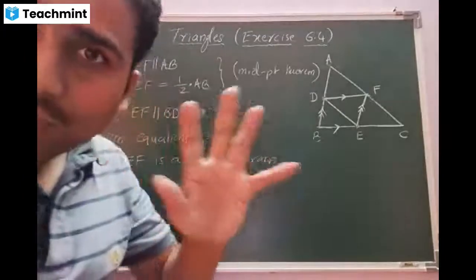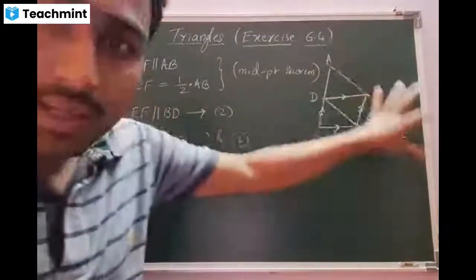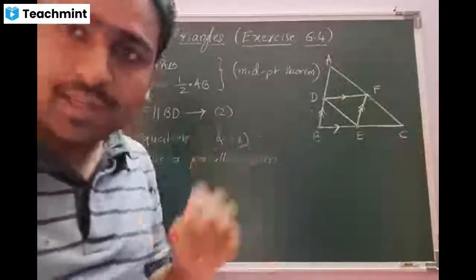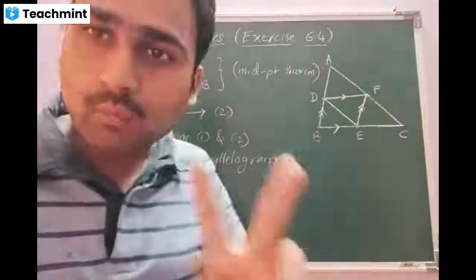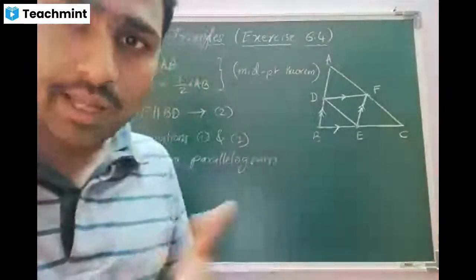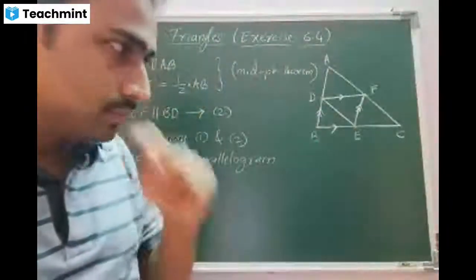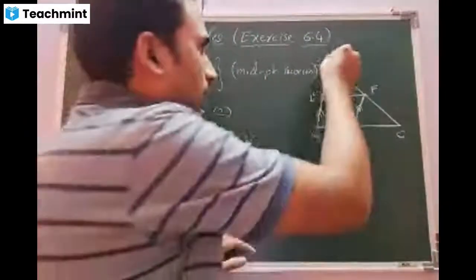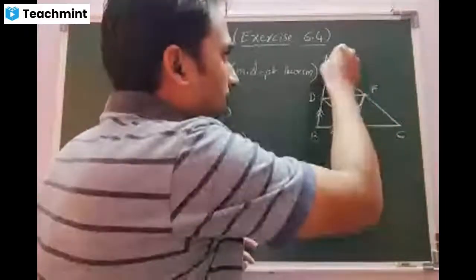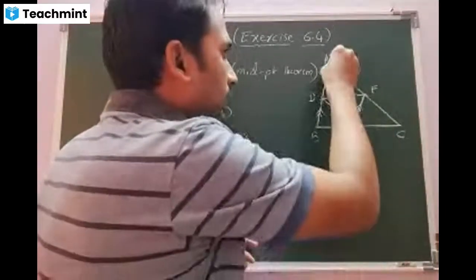No, sir. If I proceed in the same manner, I will prove two more parallelograms. Can you tell me, beta, which are those available in the diagram? Quick. Sir, AFDE and DFEC. Yeah, beta. AFED. This is the second one.